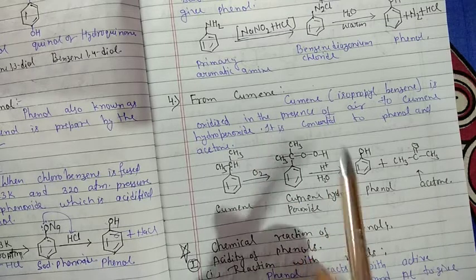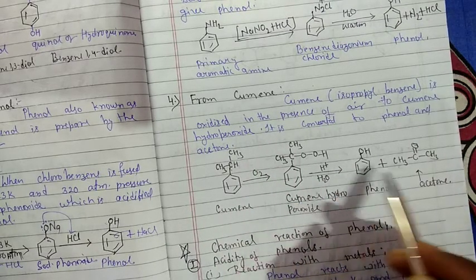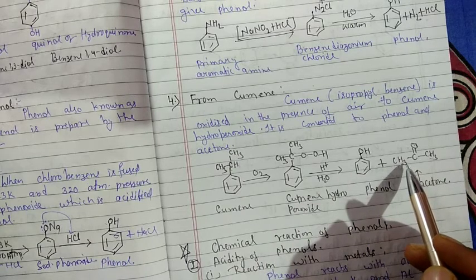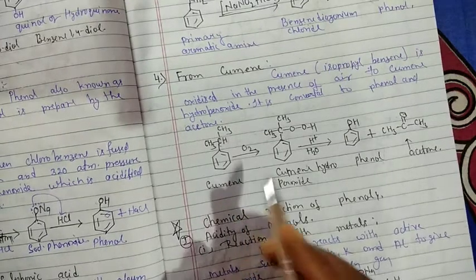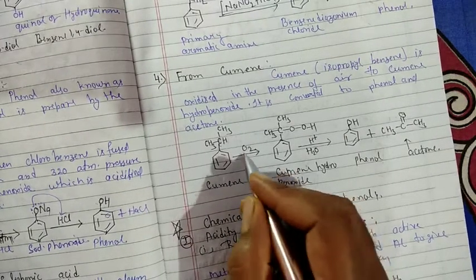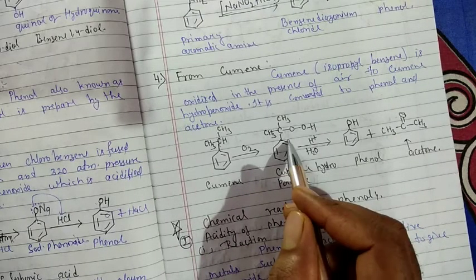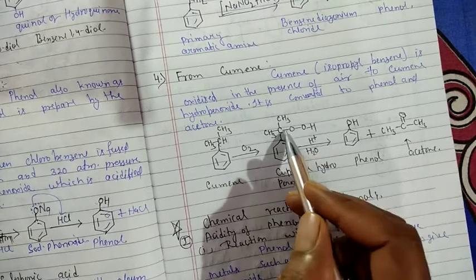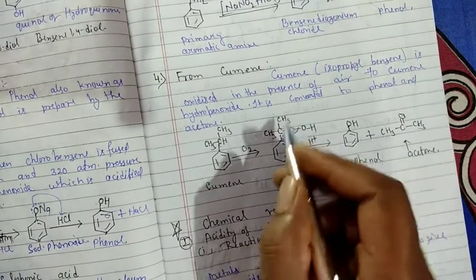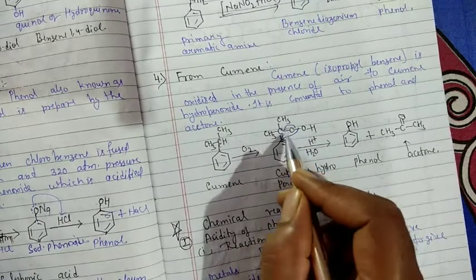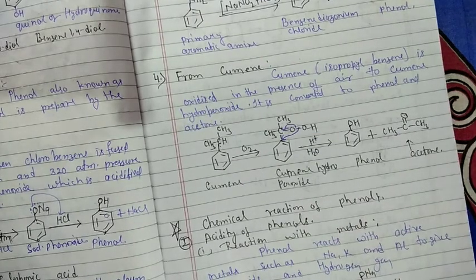This is hydrolyzed in the presence of water to form phenol plus acetone. Okay, so this is the example of cumene oxidized in the presence of air to form cumene hydroperoxide, which is hydrolyzed to form phenol. Okay, this one is phenol, and CH3COCH3 is acetone. Okay, students.